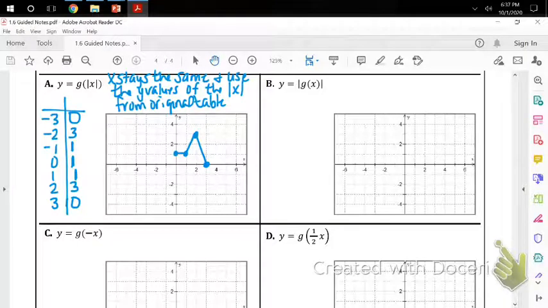So the positive side stays the same. Now let's go ahead and do the negatives. What happened? It reflected the positive side over to our negative x's. All right, so positive x's stay the same.